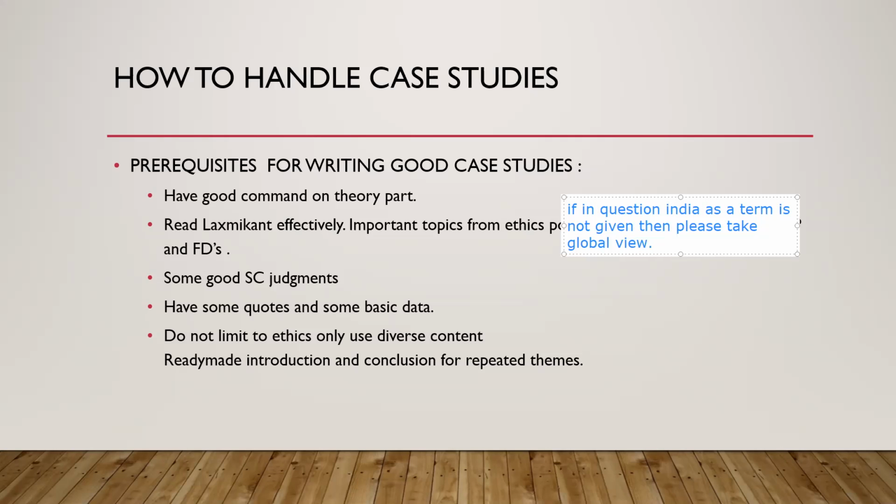Suppose there is a question that corruption is the biggest threat being faced by India. Then you have to limit yourself to India. But if the question is that corruption is the biggest threat for society or for poor countries or anything else, and India is not given, then kindly go for the global example. One paragraph you can devote.